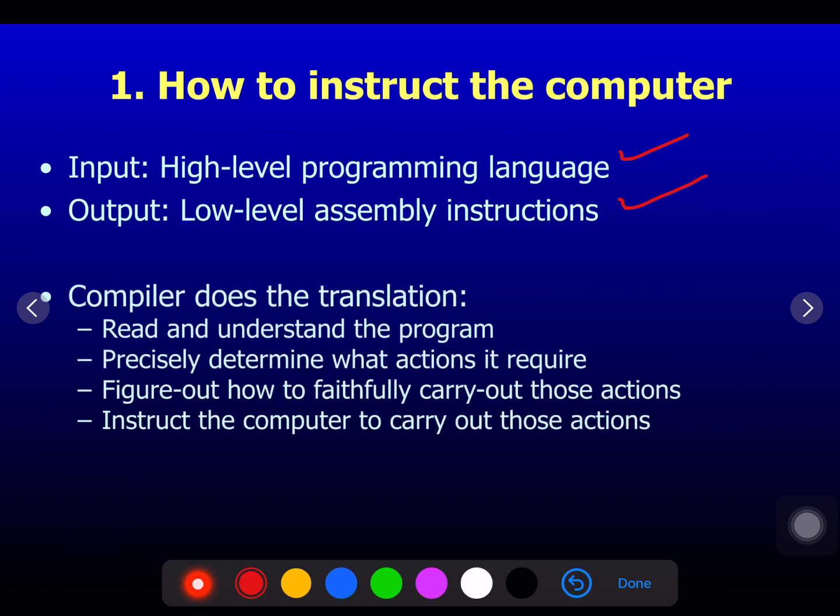In addition to this, the compiler does the translation. While translating, it should read and understand the program, precisely determine what action it requires, figure out how to faithfully carry out those instructions, and instruct the computer to carry out those actions.